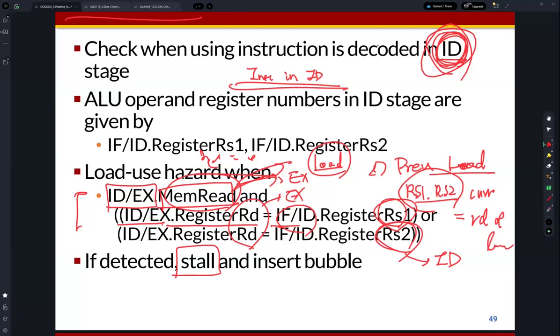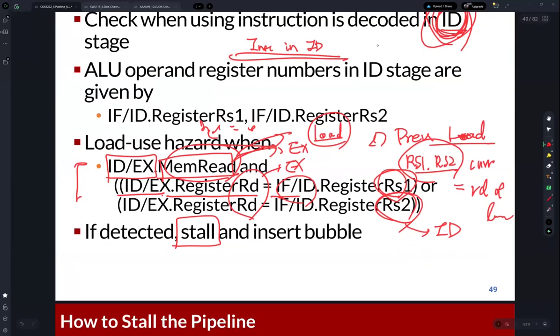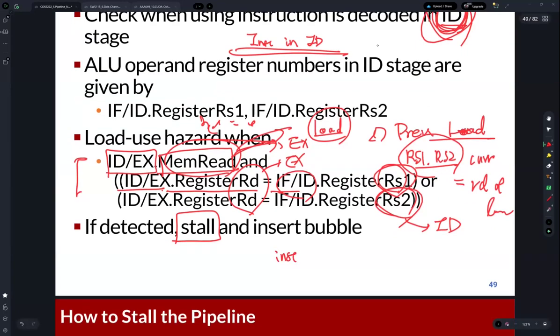The instruction can be stalled, but then for the next clock cycle, what will happen in the EX stage? The instruction will stay in the ID stage, right? Then for the next clock, what will happen in this EX stage? The load instruction will propagate to the memory stage, right?